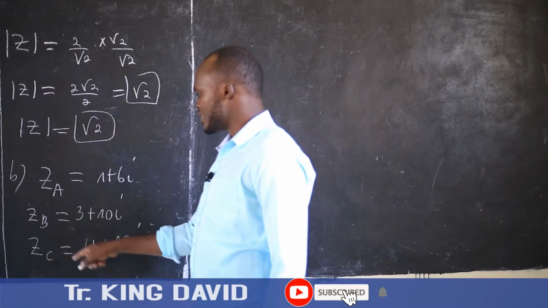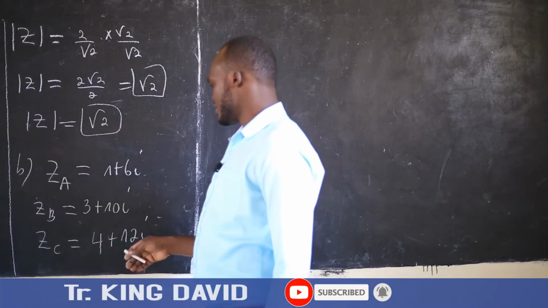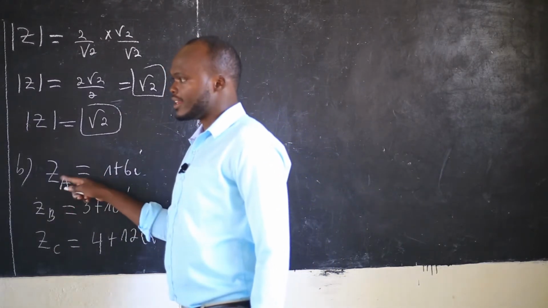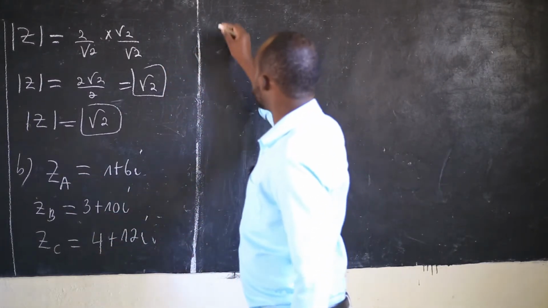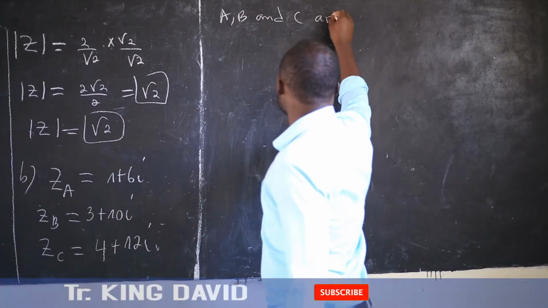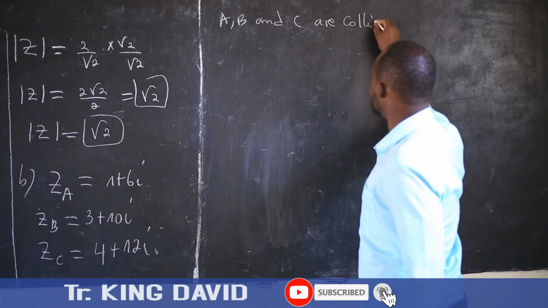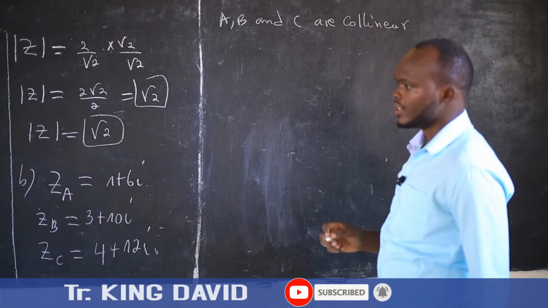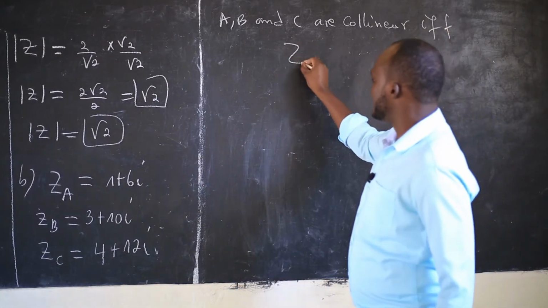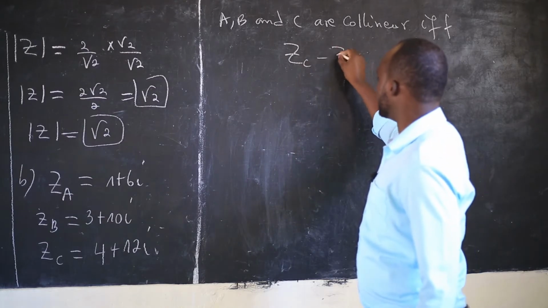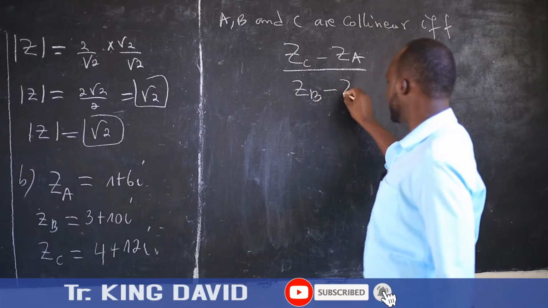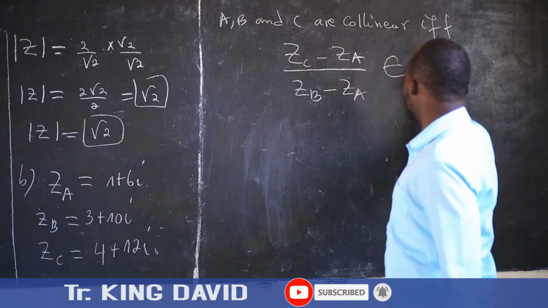So how are they collinear? A, B, and C are collinear if and only if ZC minus ZA divided by ZB minus ZA is a member of the real numbers.